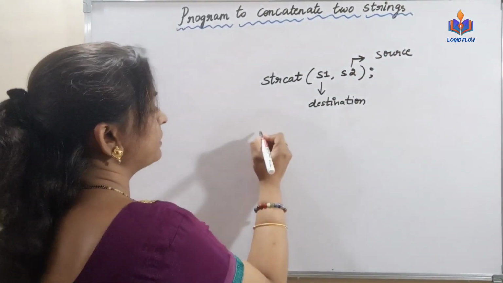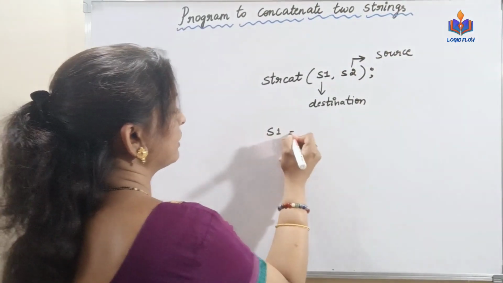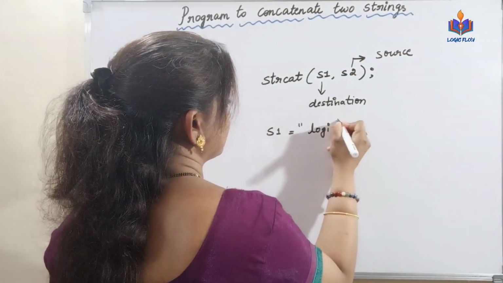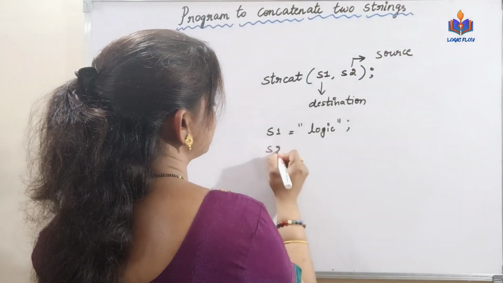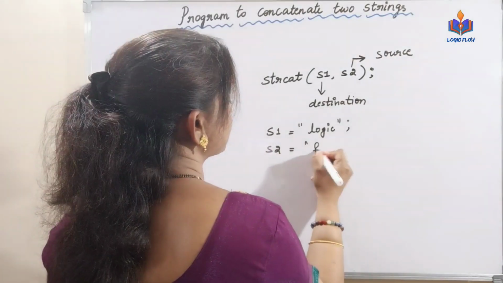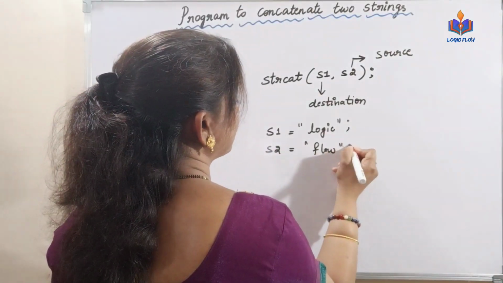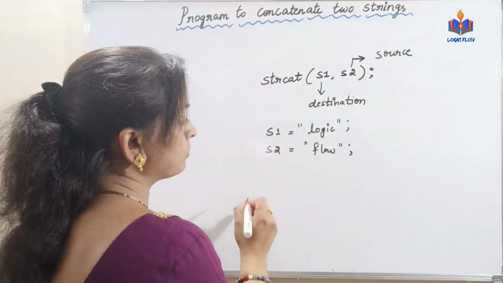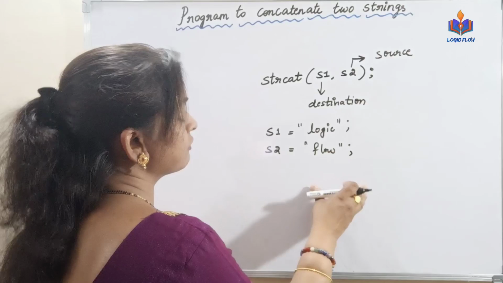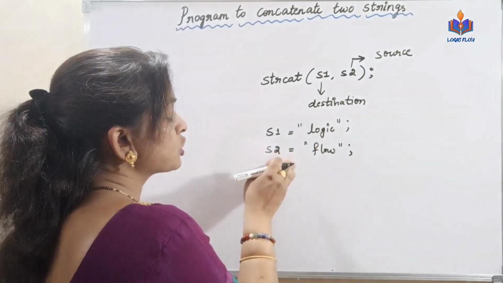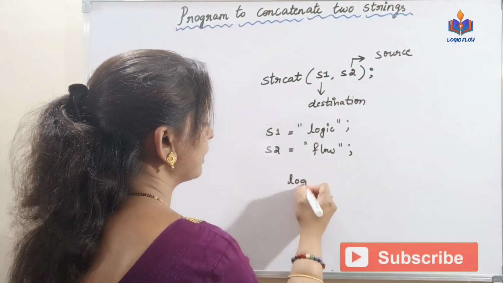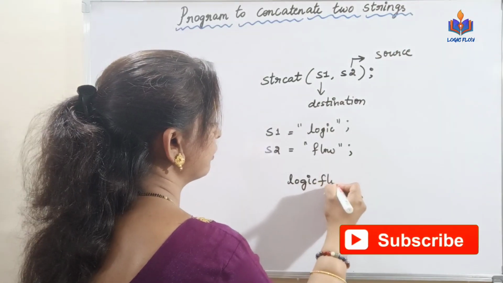So for example, I have the string 1, which is say logic, and I have string 2, which is flow. So I need to concatenate these two strings. My output should be logic flow. So string 2 should be concatenated with string 1. So I say it is logicflow.